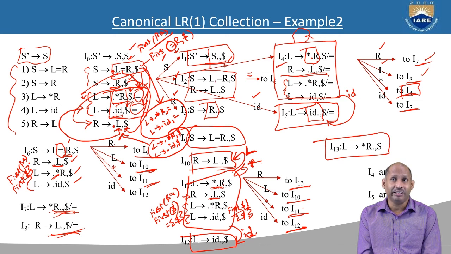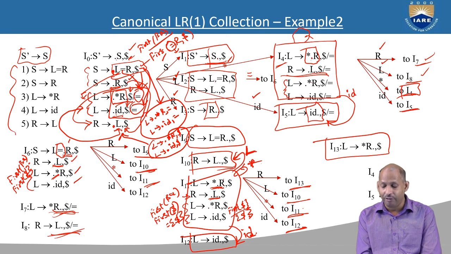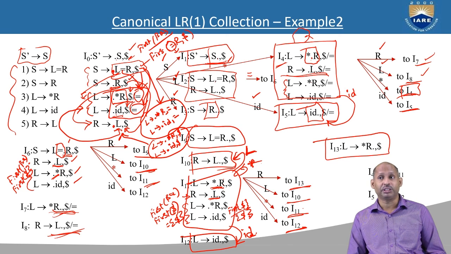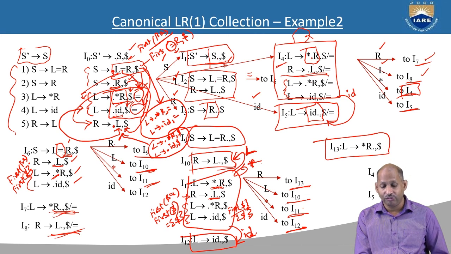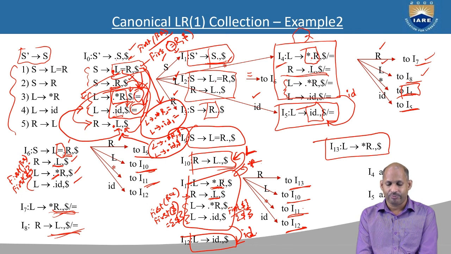Right? That canonical LR1 collection is completed. When you observe I4 and I11, I5 and I12, I7 and I13, I8 and I10, these productions are the same, but the additional information is different. If you check I4 and I11, the productions are the same, but the additional information is different.